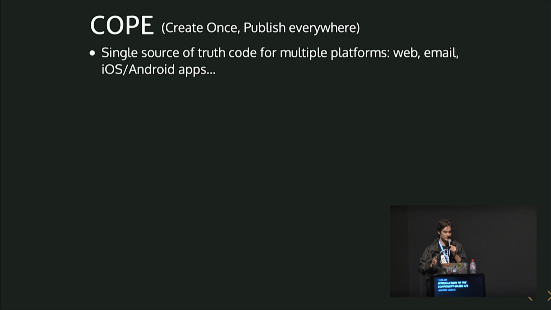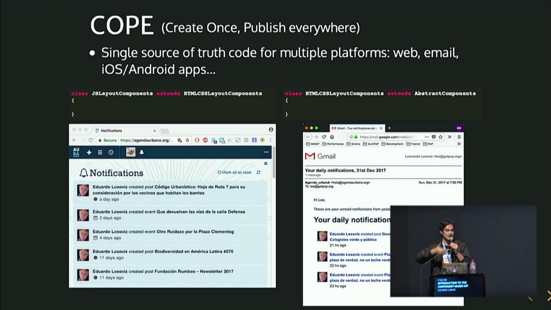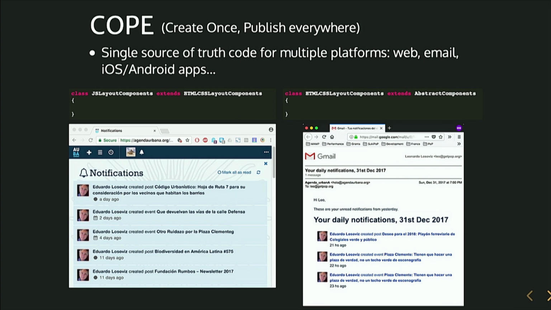So you have a single source of truth for multiple platforms: web, email, apps. So you can actually have a JS component that extends an HTML, CSS component, and an HTML, CSS component that extends from your abstract component. So you can actually layer the generation of the layout. In this case, we have a website, and then you have the email. Every page on the website can be sent by email for no extra cost.